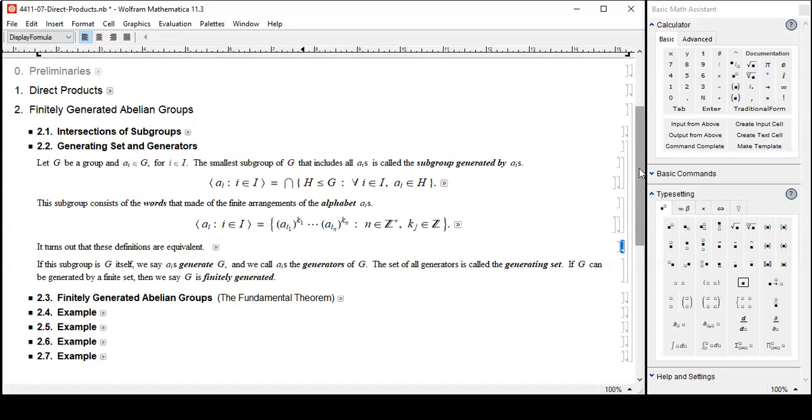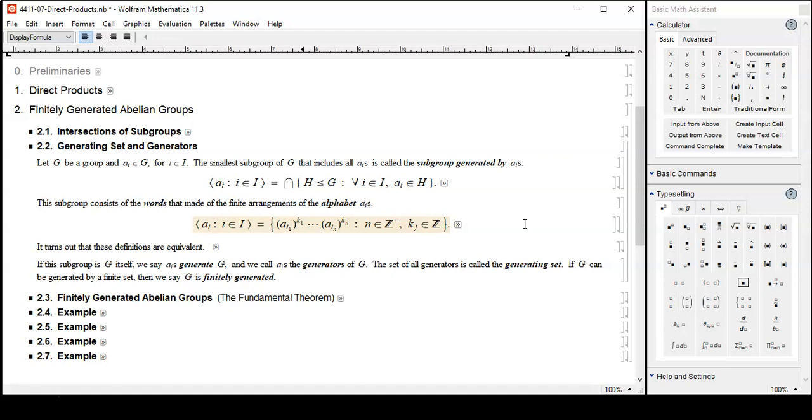So the subgroup generated by a1, a2, a3, and so on can be considered as the intersection of all subgroups that include all those a_i's. Consequently, the smallest subgroup including all those a_i's. Also, from another viewpoint, it is the set of all words made out of these alphabets, a1 through all the a_i's.